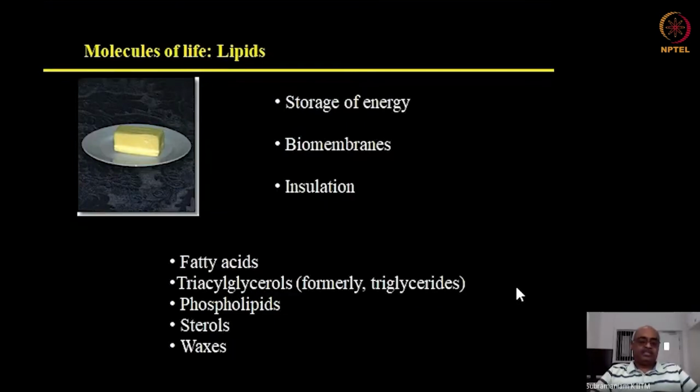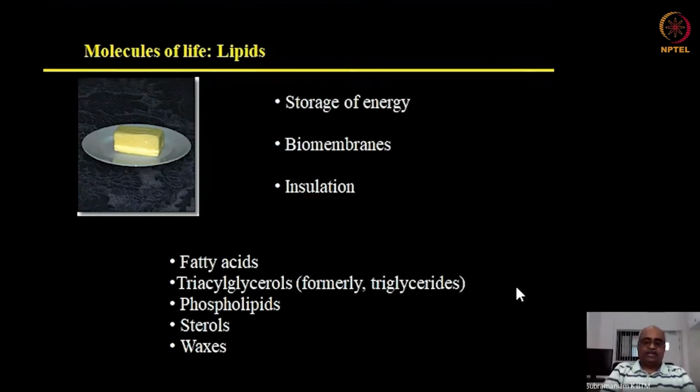Since this is a very compact form of storage of energy, the seeds use them primarily for storing a large quantity of energy required for seed germination until photosynthesis can be started, in the form of oil. So these are really important. Therefore we cannot ignore lipids.